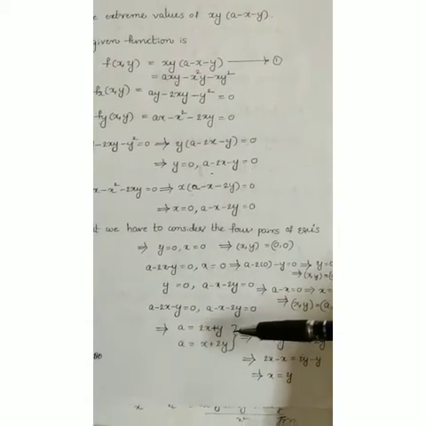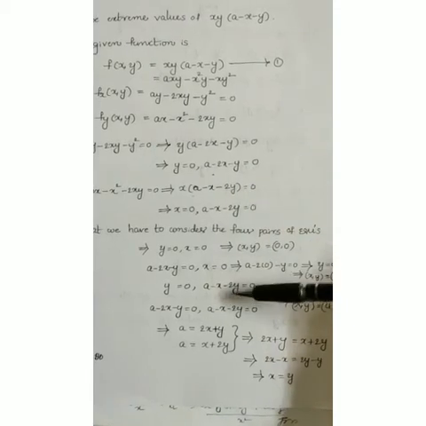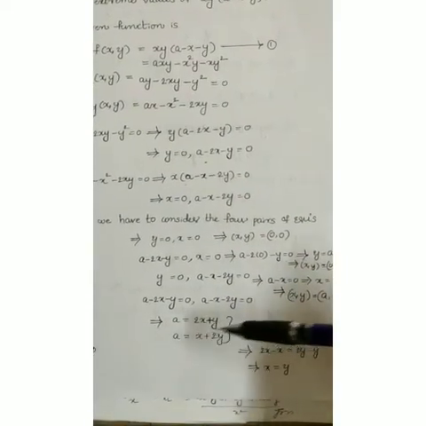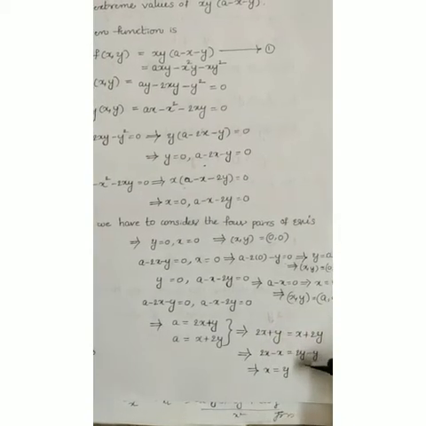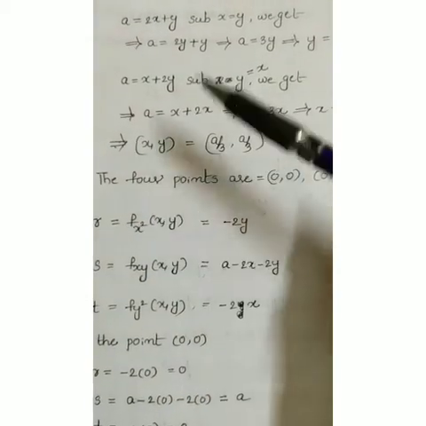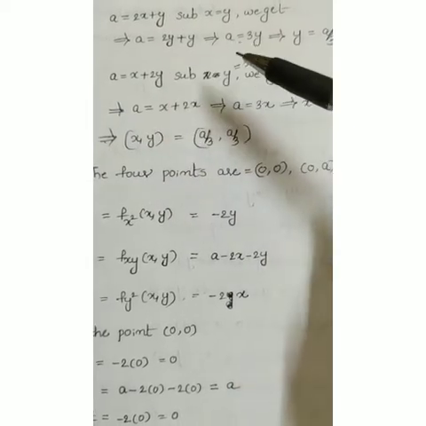And next, a minus 2x minus y equal to 0, a minus x minus 2y equal to 0. So here a equal to 2x plus y and a equal to x plus 2y. Then equating this, 2x plus y equal to x plus 2y. 2x minus x equal to 2y minus y. Then x equal to y. x equal to y, substituting in a equal to 2x plus y, we get a equal to 2 into y plus y, that is a equal to 3y.